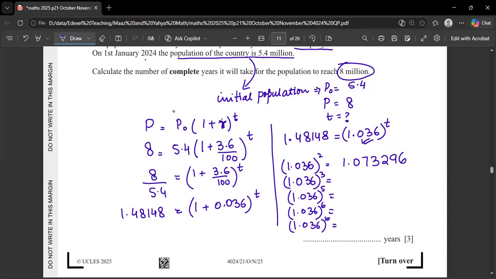Okay. And what about 1.036 to the power 3? 1.111, then 934656. Okay, 1.111934656.